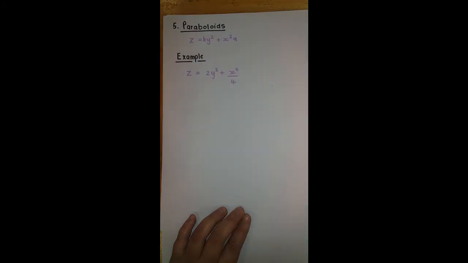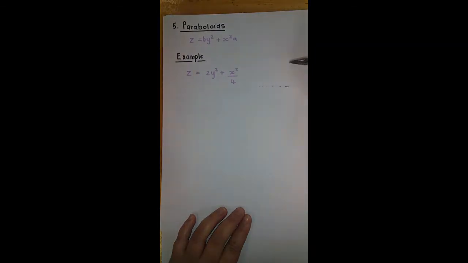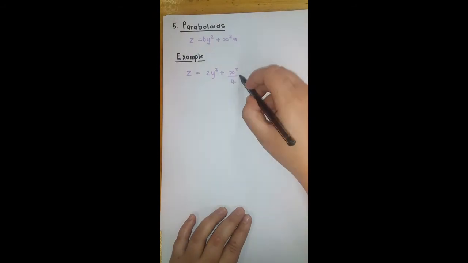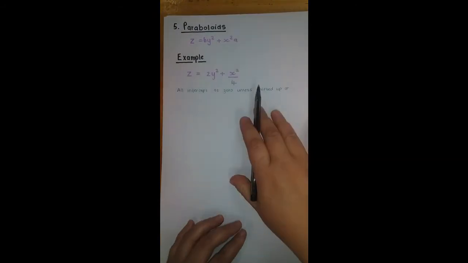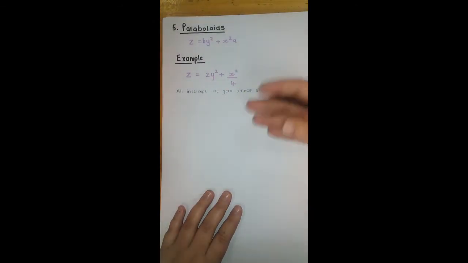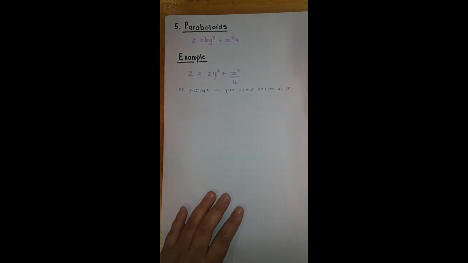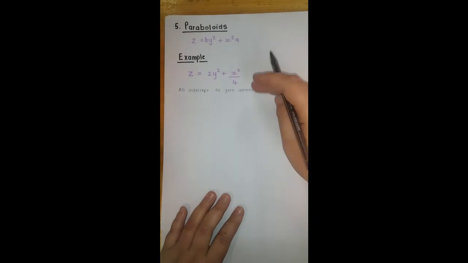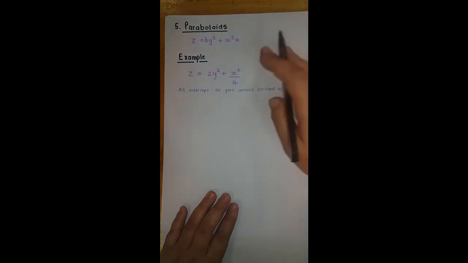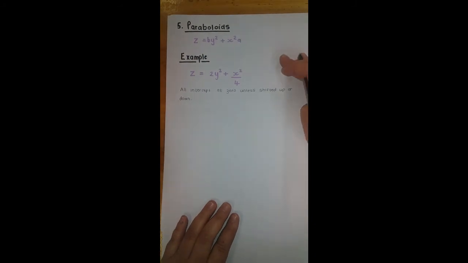So instead of saying two things are equal to 0, you just say x is equal to 0, and then you'll find that z is equal to 2y squared. Then you can sketch that for yourself on the zy plane and see what it would look like. Then you can do the same for the xy plane or the xz plane. All of your intercepts will be at 0 unless it's shifted up or down.